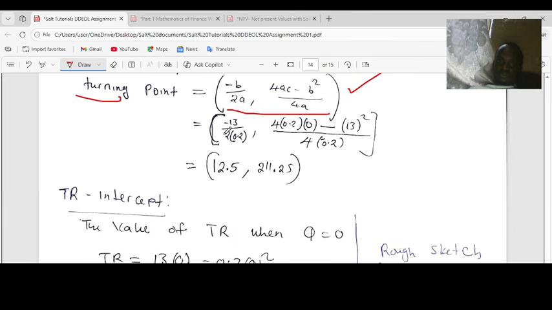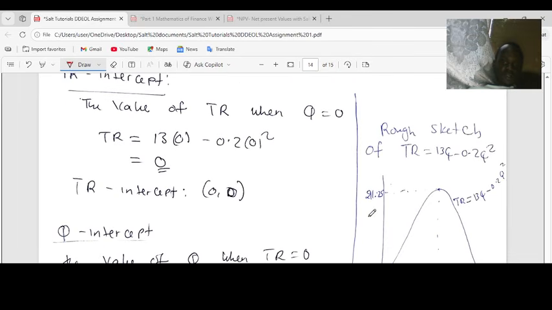And then we have 12.5, and do that on the calculator. This is the turning point. It means when graphing, this point should be clearly seen. TR intercept, the point where it's going to cut the TR axis.